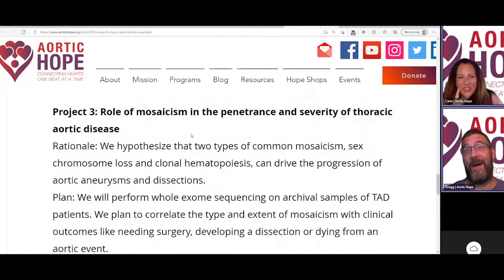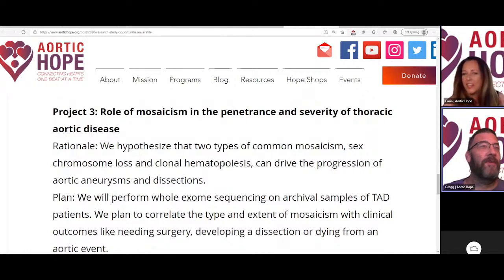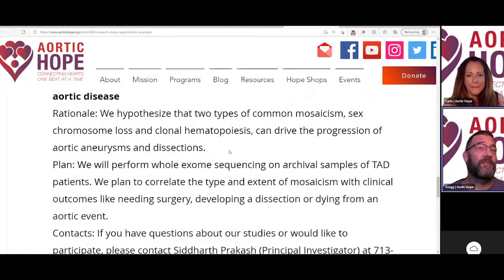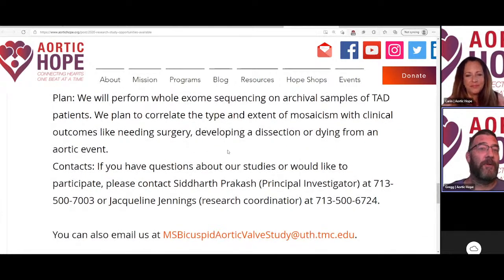Well, I'll be the first to admit, I did not look it up. We'll just throw it out there. Hematopoiesis. That's what I'm going with. And how that can drive the progression of aortic aneurysms and dissections. Right. It's a lot of genetic stuff. Yeah. And that once again is through Dr. Prakash.